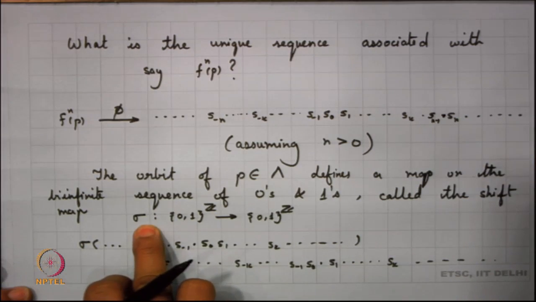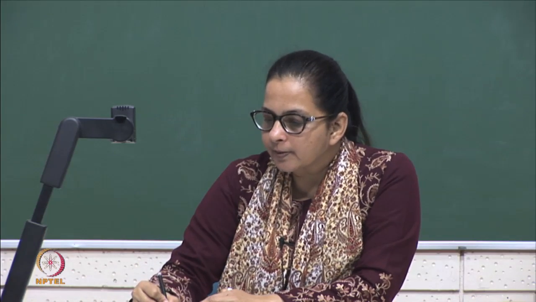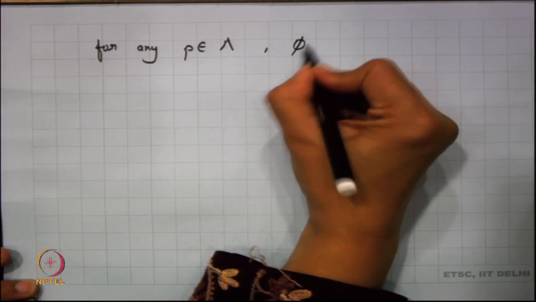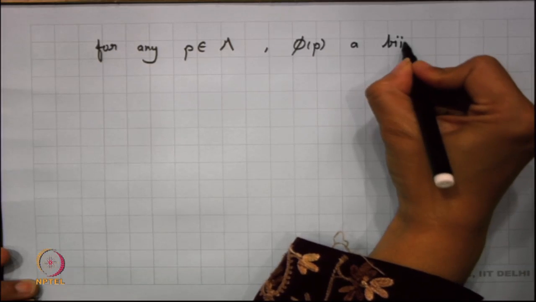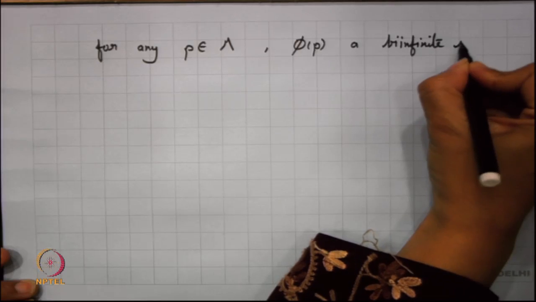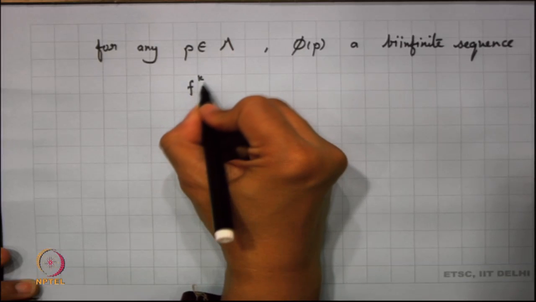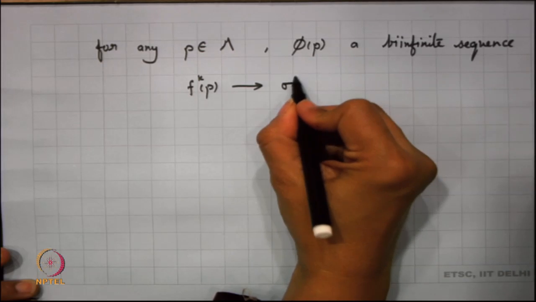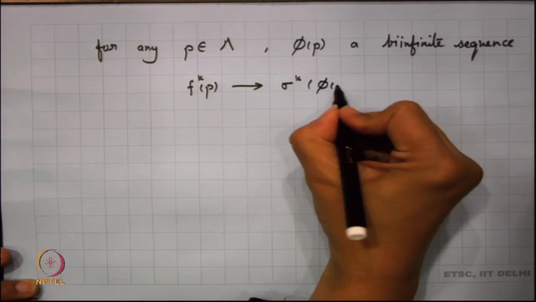So, this is a unique association of the dynamics of f on the horseshoe attractor with the dynamics of the shift on the set of all bi-infinite sequences. We find that for any p in the horseshoe attractor, I have phi of p, a bi-infinite sequence, and then f^k of p is nothing but sigma to the power k, applying the shift k times to phi of p.